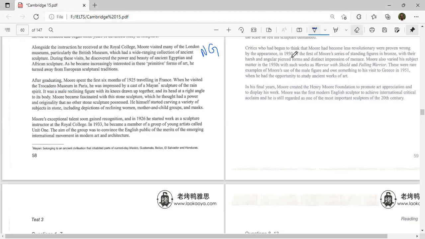Moore became fascinated with this stone sculpture, which he thought had a power and originality that no other stone sculpture possessed. He himself started carving a variety of subjects in stone, including depictions of reclining women, mother and child groups, and masks.